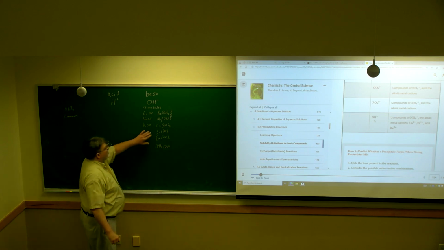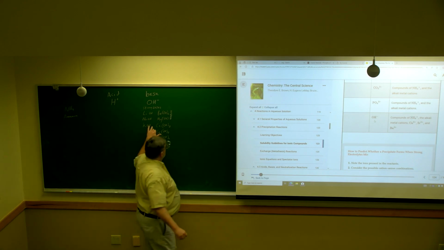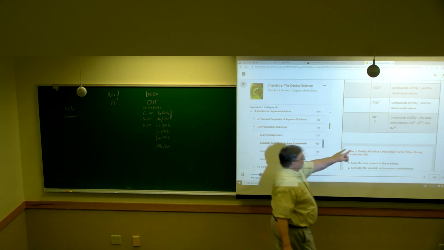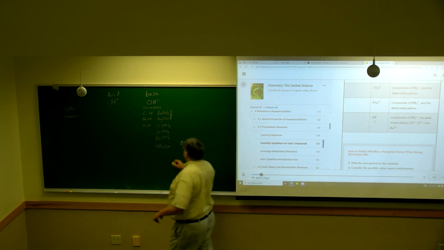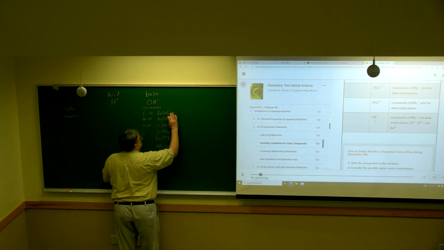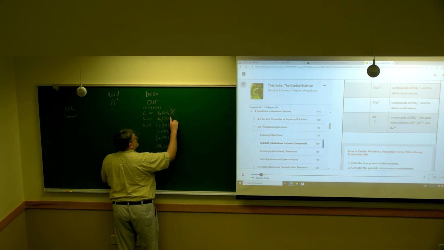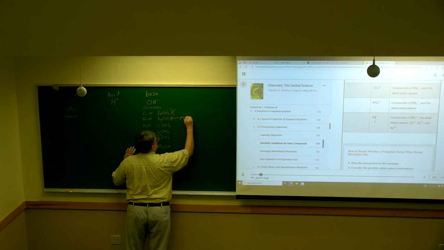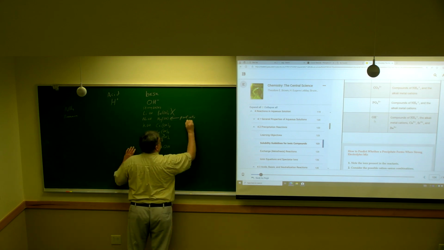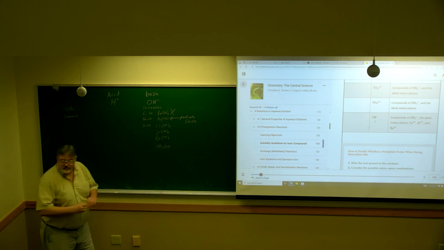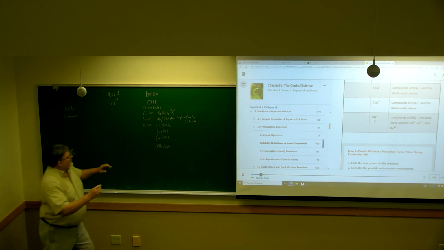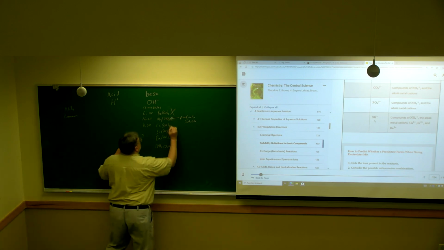These are all considered strong bases. Magnesium's not here in the exceptions, but the truth is this one is not soluble, so it doesn't act like a base. And this one's partially soluble, so it will still act as a base when you dissolve it in something. This one has a 2 on it.